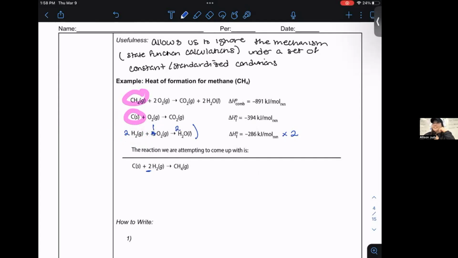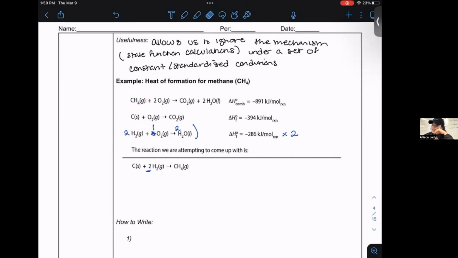Now I like that C(s) is on the right side, and I like the coefficient in front of it, so I'm going to leave that one alone. That means I don't mess with the heat of formation value.